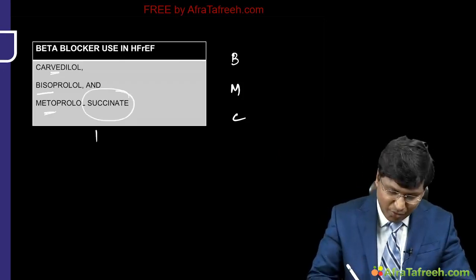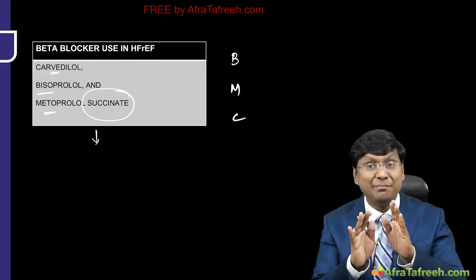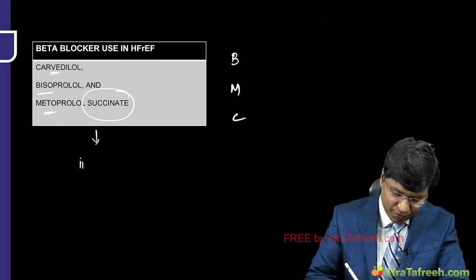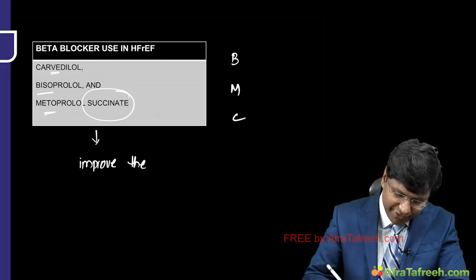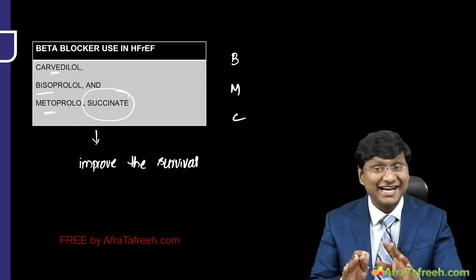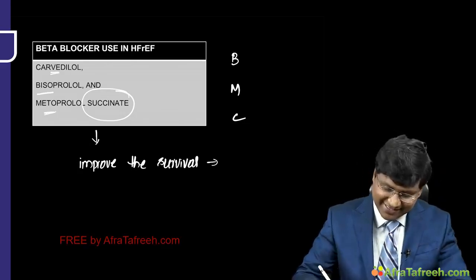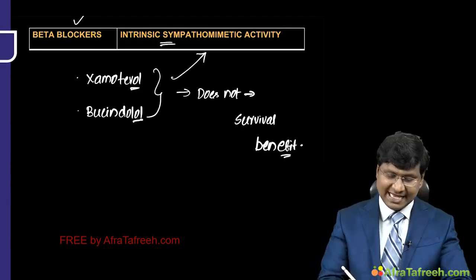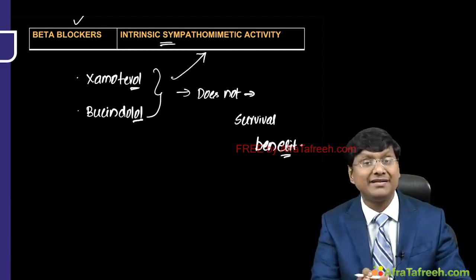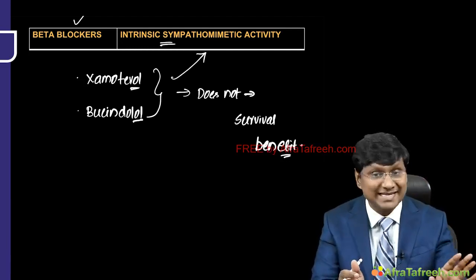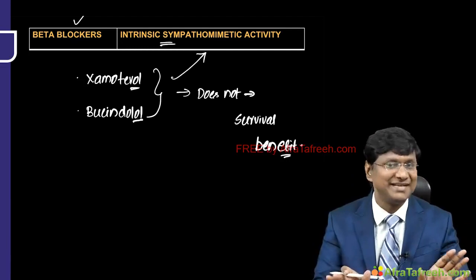So this group of drugs have been proven to improve the survival in the clinical trials. Whereas these two drugs, xamoterol as well as bucindolol, even though they are beta blockers, have the intrinsic sympathomimetic activity. That is the reason why they should not be given, right?